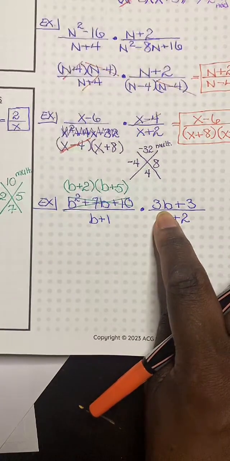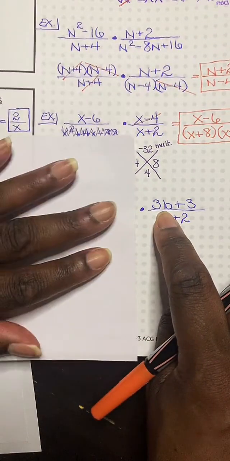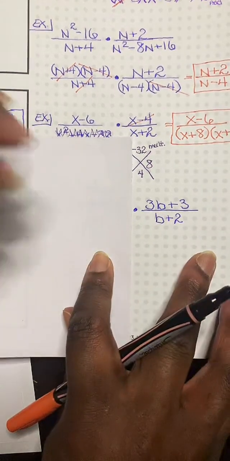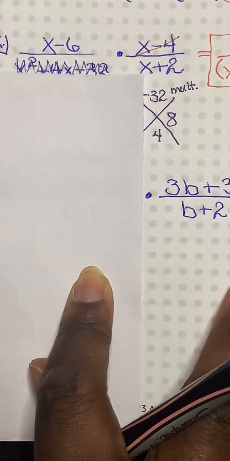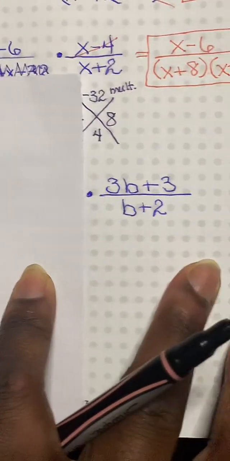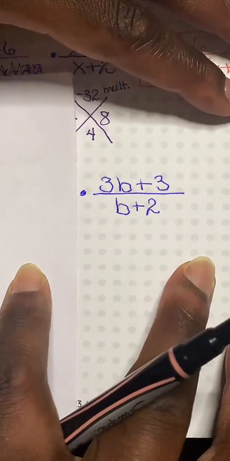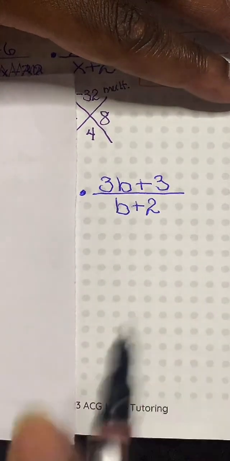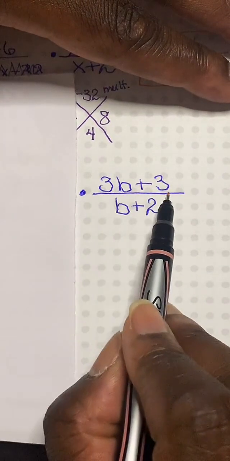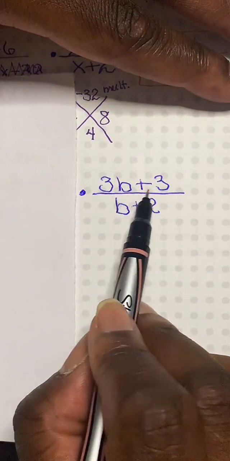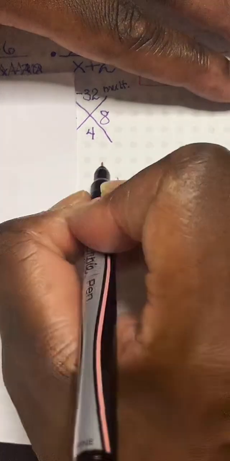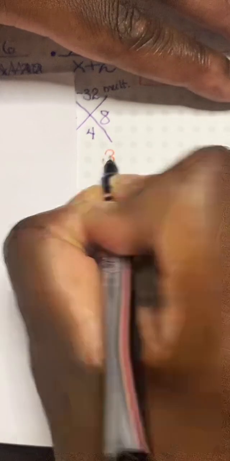Let me cover this up for a second. Always make sure you factor everything before you start canceling out. Otherwise you'll feel like you're canceling something out when you already canceled it, and you're going to get an answer, but it's going to be wrong. So in the numerator, we have 3b plus 3. Both terms have 3 in common.